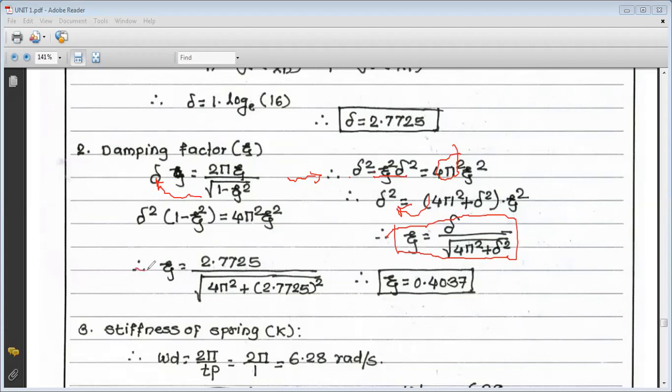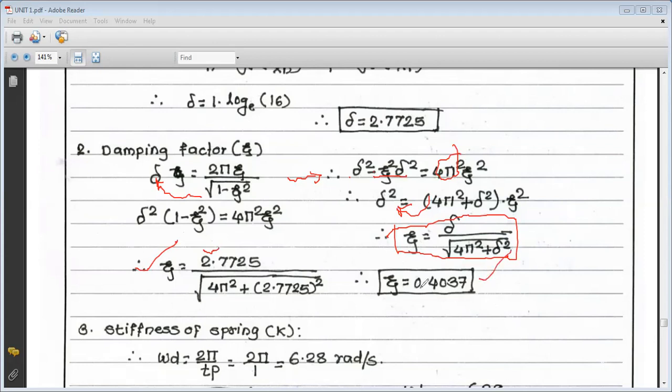So if we put the value of delta, that is 2.7725, divided by square root of 4 pi square plus 2.772 square, we get the value of zeta.